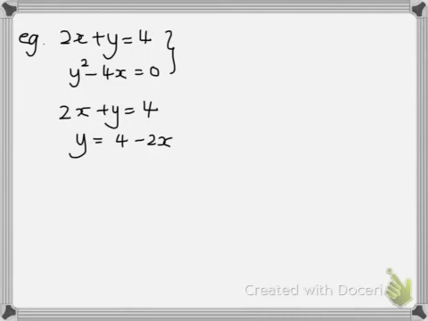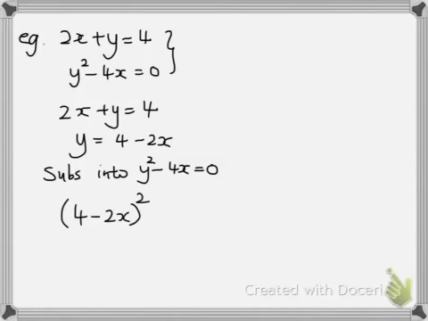And then after that, you are going to substitute this into the second one, okay? Substitute into y squared minus 4x equals 0. So instead of writing y now, because y is also equal to 4 minus 2x, you have 4 minus 2x, that's y squared, minus 4x equals 0.